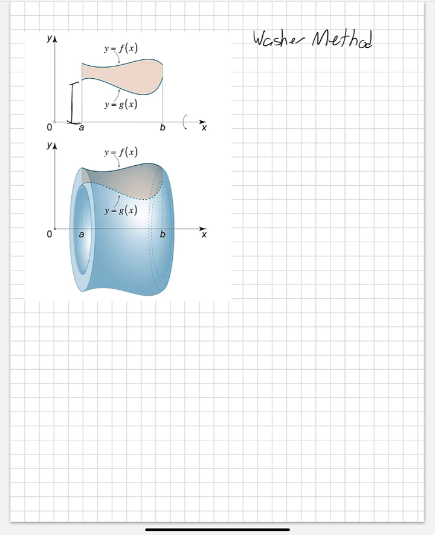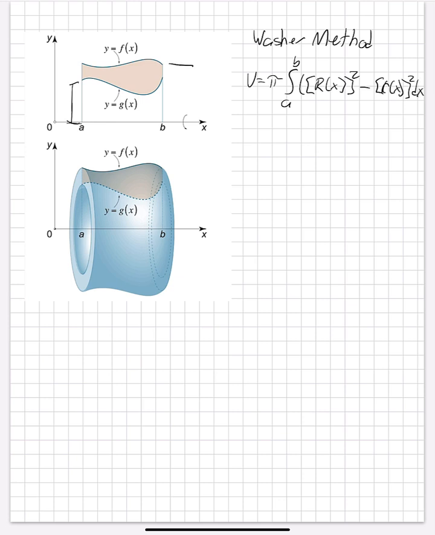So what we have is that the volume is equal to pi times the integral, over your limits of integration, of capital R of x squared minus lowercase r of x squared dx.